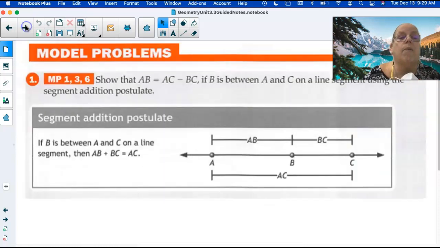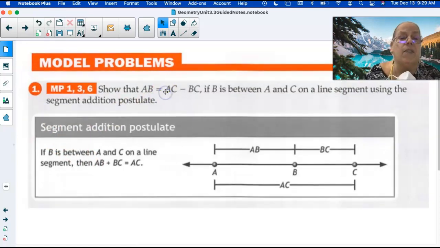All right, here's a model problem, and I know that this looks like the stuff we did when we were doing a different chapter. We had to figure out the lengths. This is a little different. If B is between A and C on a line, everybody see that?